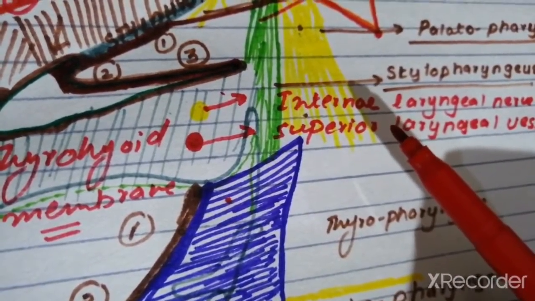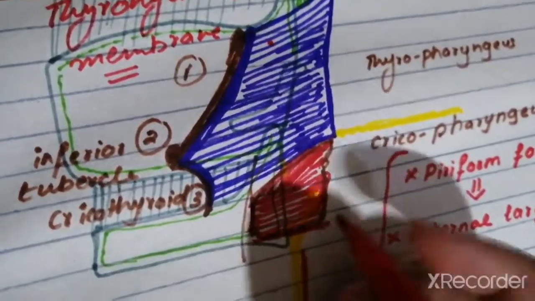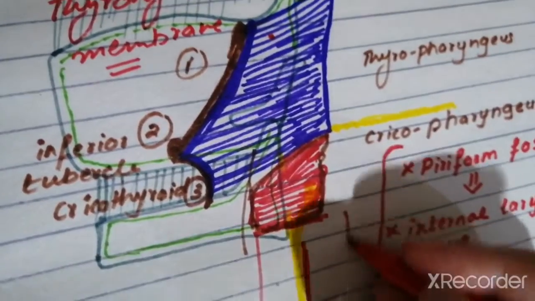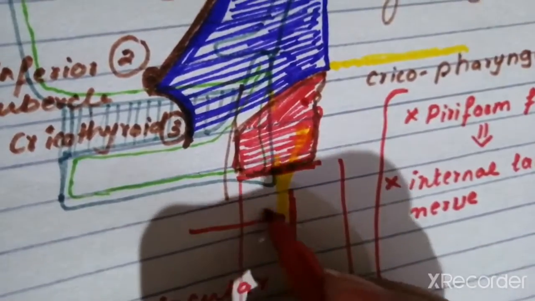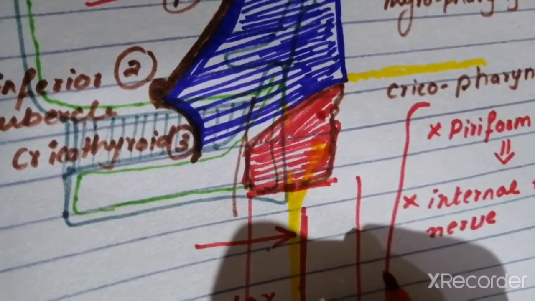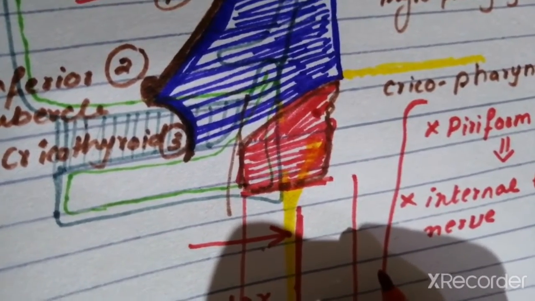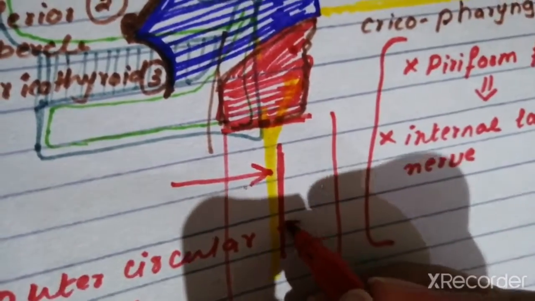And then let's talk about the gap between the lower border of the inferior constrictor, where obviously the esophagus starts. So in the gap between the esophagus and the lower border of the inferior constrictor, we have an artery and a nerve. The nerve is interestingly this one over here, which is the recurrent laryngeal nerve, and the vessels are the inferior laryngeal vessels.